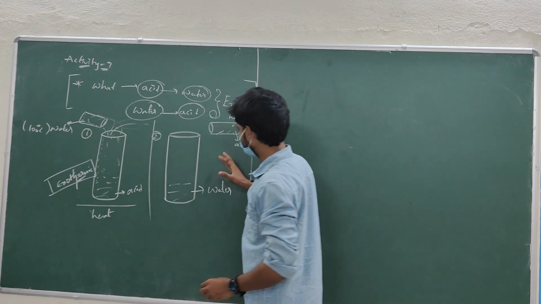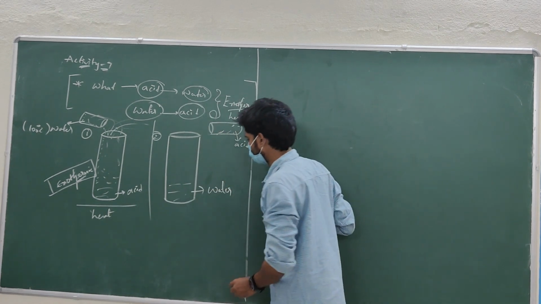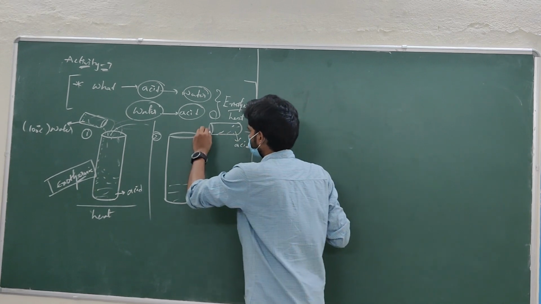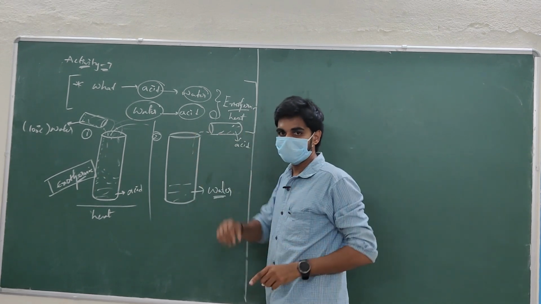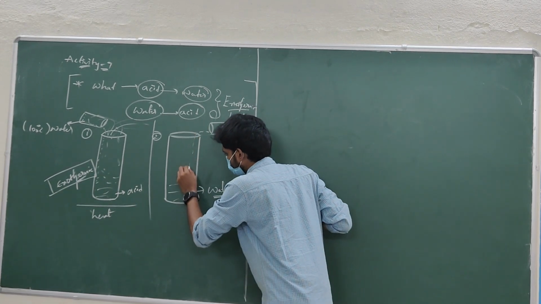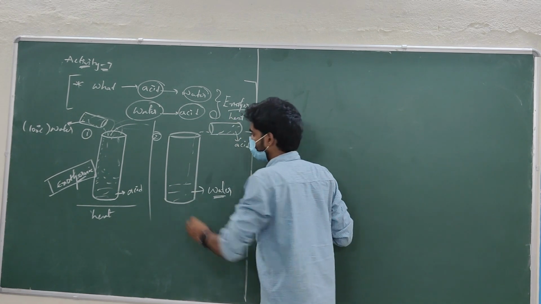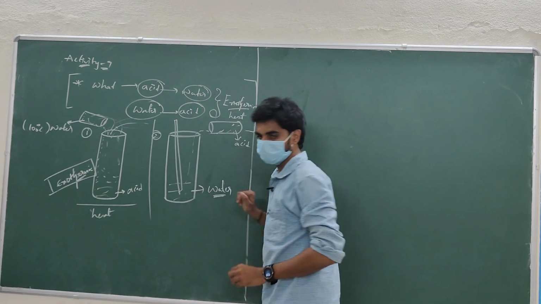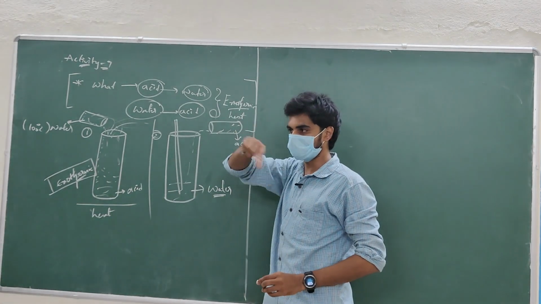But in the second situation, you are adding acid to the water, and you need to add it drop by drop. One drop is added, and you use one more thing, a glass rod. Using this glass rod you stir the liquid.